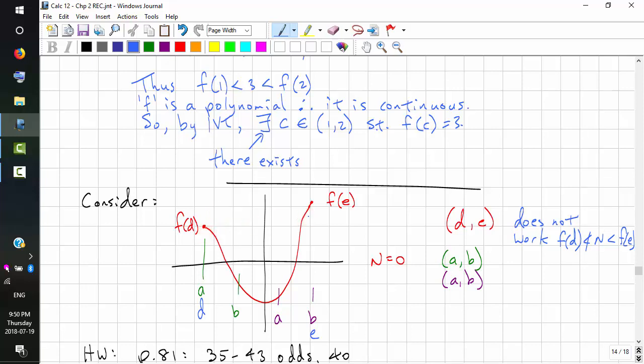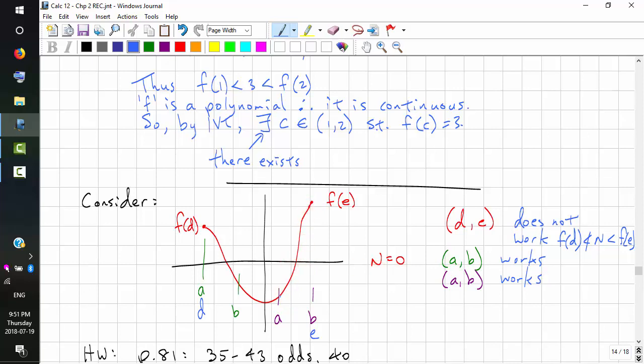If we look at the green part, if we wanted to find a value between A and B for this green one, yes, it'll work. If we're looking for n equals 0, because this is f of A, this is f of B, it doesn't matter that it's going down, we just reverse the signs here, but it works. If we have our A and B here, it also works, because it crosses n equals 0.